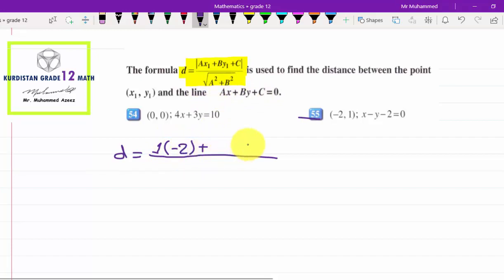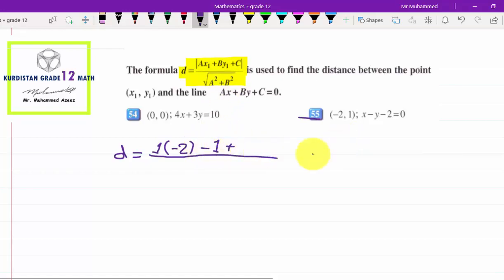plus b is negative 1, so this plus is going to be minus. b is -1, that's why this plus became minus. y1 is 1, -1 times 1 is -1. Done.